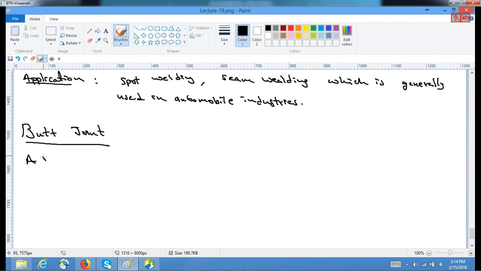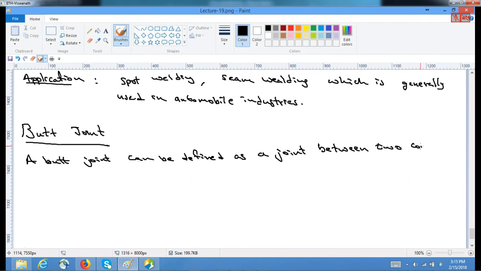A butt joint can be defined as a joint between two components lying approximately in the same plane. We'll show you some types of butt joint here.